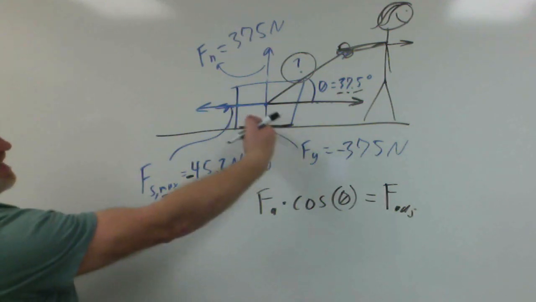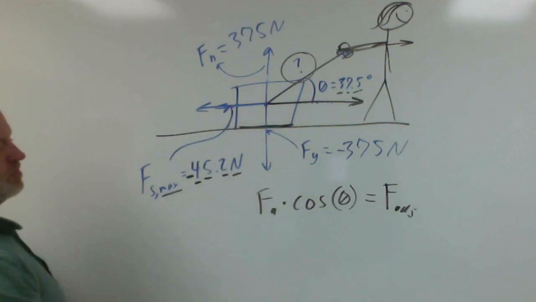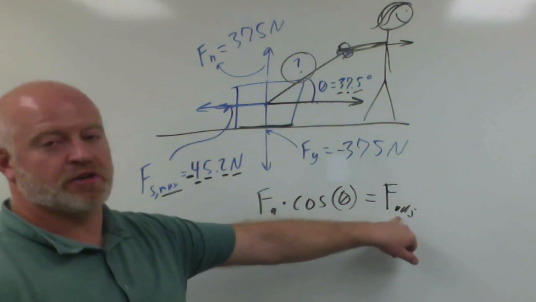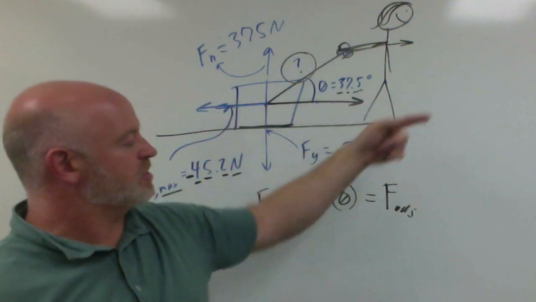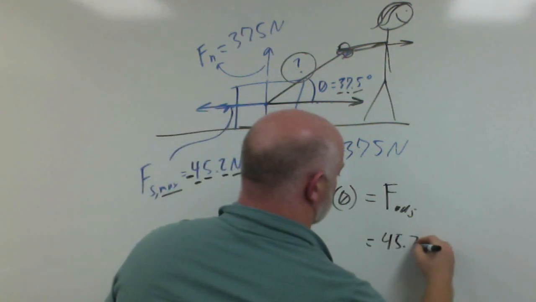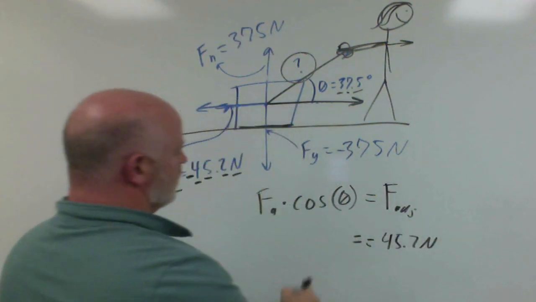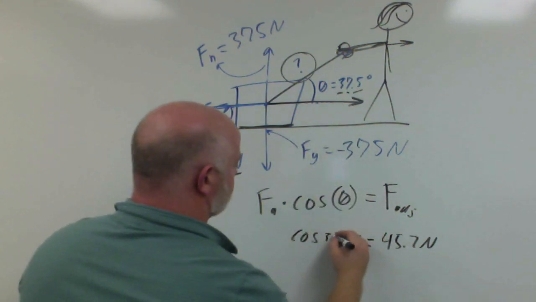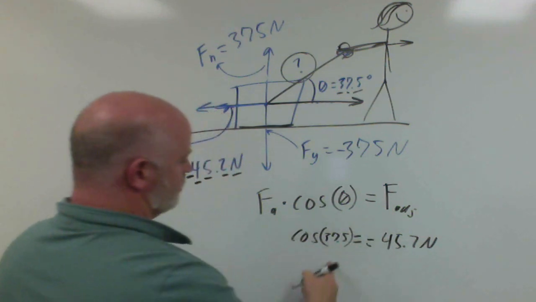It's against the motion, so we'll call it negative 45.2 newtons. So the force that I want to apply to get it to move in that direction would be 45.2. We know cosine, and theta is 37.5 degrees.